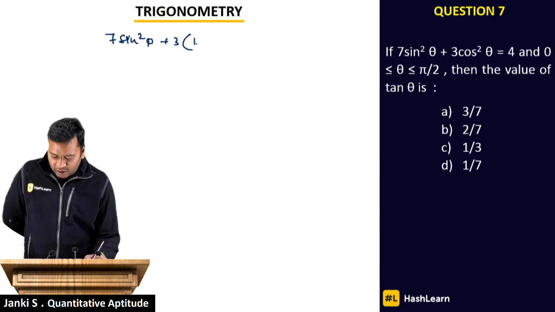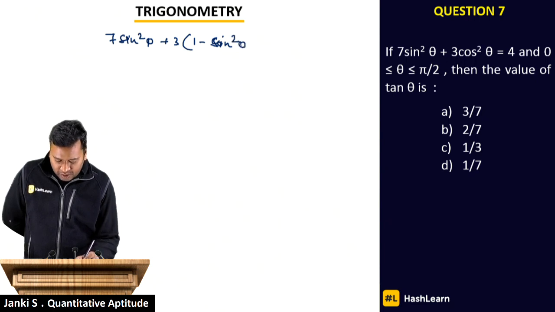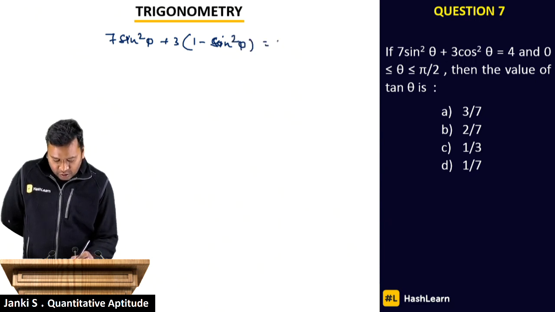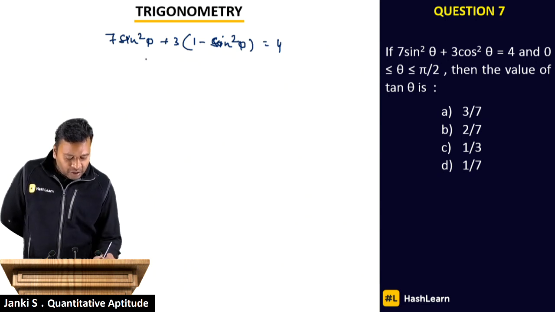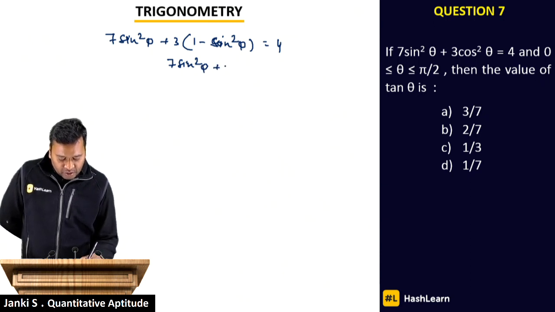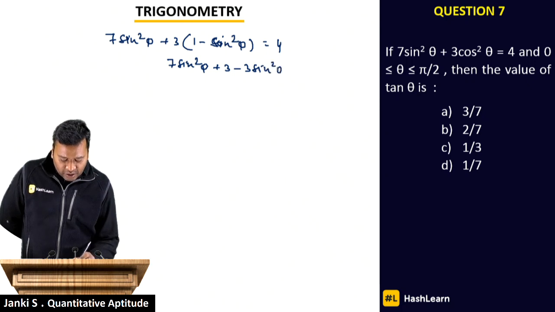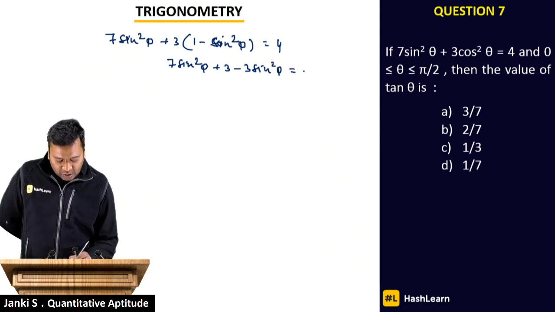Let's write this one in terms of sine square theta. 1 minus sine square theta is equal to 4, right? Because here there is 4, that's why I'm trying to write the value in this format. So that's nothing but 7 sine square theta plus 3 minus 3 sine square theta is equal to 4, right?